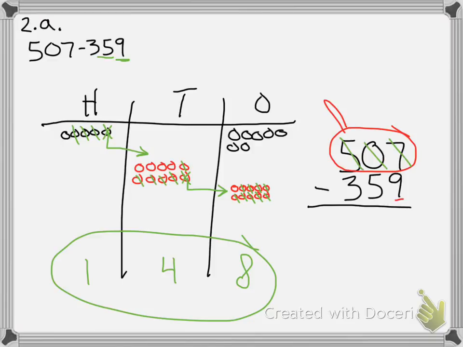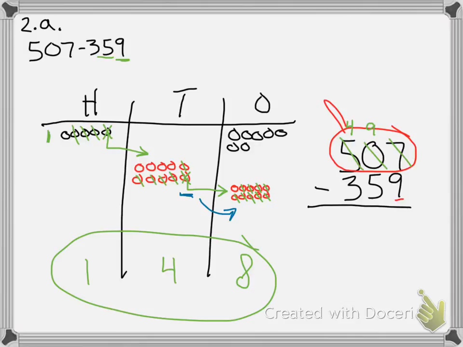So what we have here is I'm taking apart my hundreds, and just like over here, I ended up with 4 in the hundreds place, and then I ended up with a 9 in the tens place because I immediately unbundled this 10 right here and moved it over.